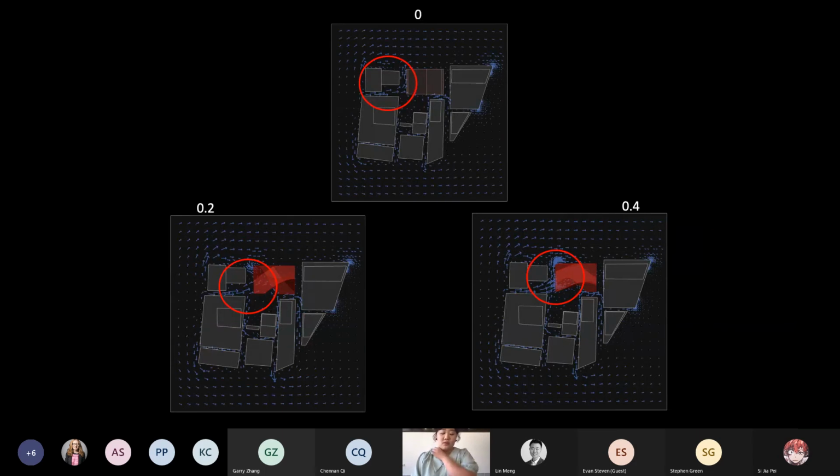In the original geometry within the circle area, there's a congestion of wind traveling from the west, and it moves up, and that creates a really strong wind tunnel. However, in geometry 0.2, there was a cutout in the bottom, which is kind of hard to see, but essentially it dissipates that wind tunnel, so you don't have that strong wind moving upwards.